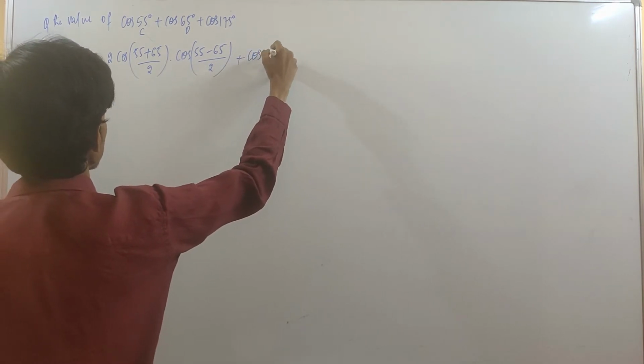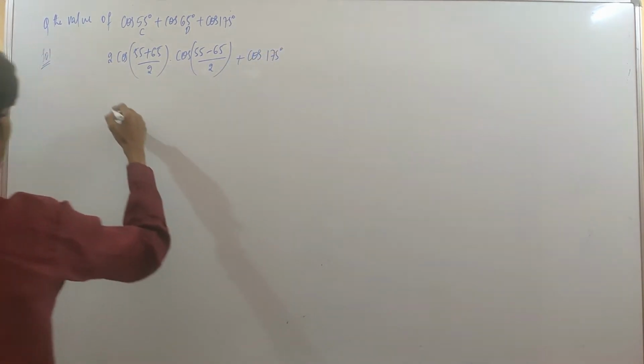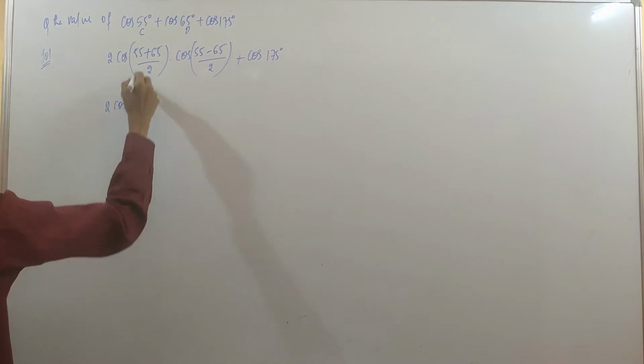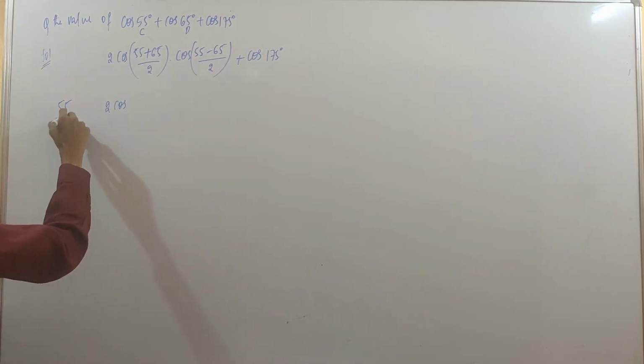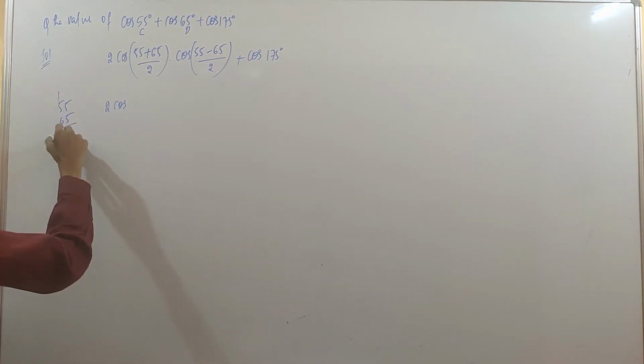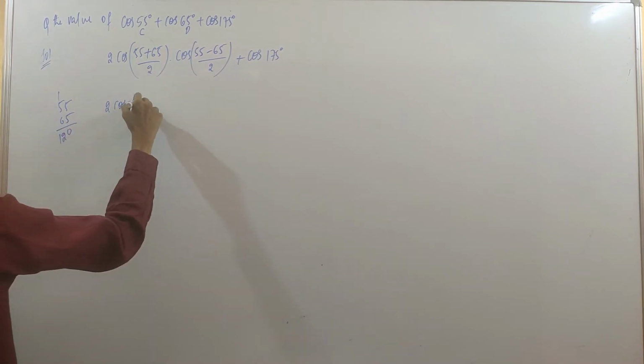plus cos 175 degree. Now this will become 2 cos of 55 plus 65, which is 120, so 120 by 2 is 60 degree.